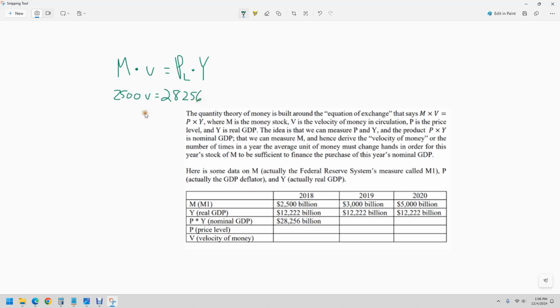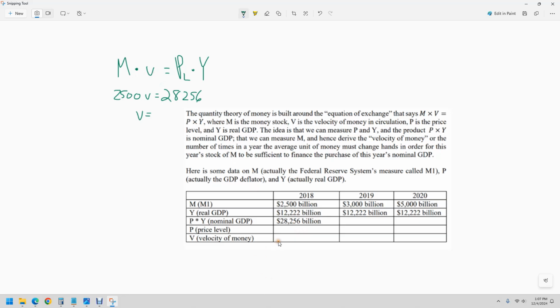So we know that. And then if we just divide both sides, we will get whatever the velocity is. Now we also know whatever this is has to equal to this. So we also know that this number here is also the equivalent there.